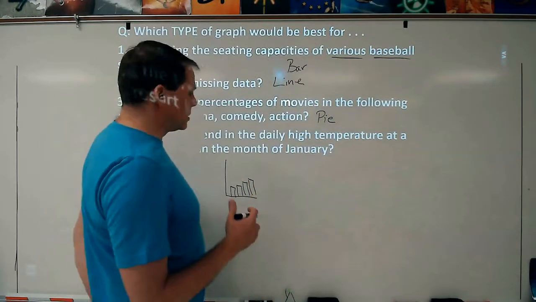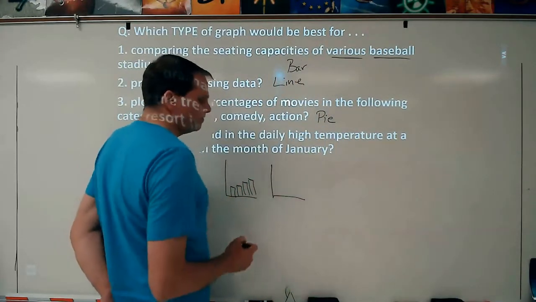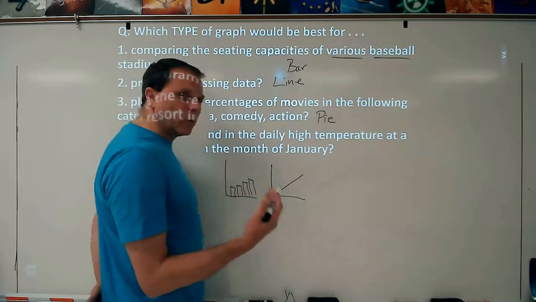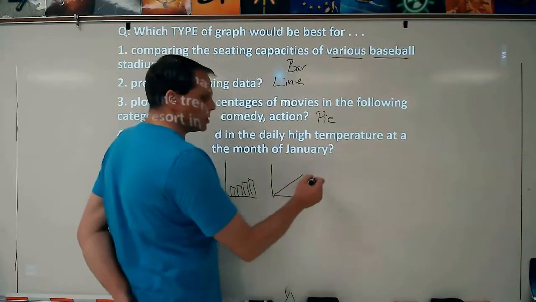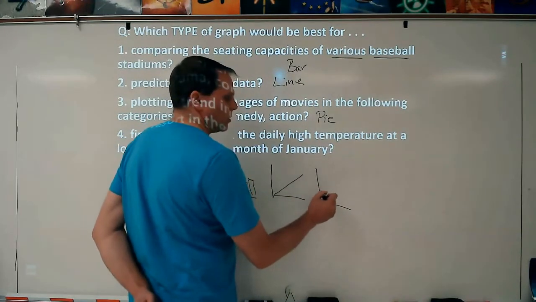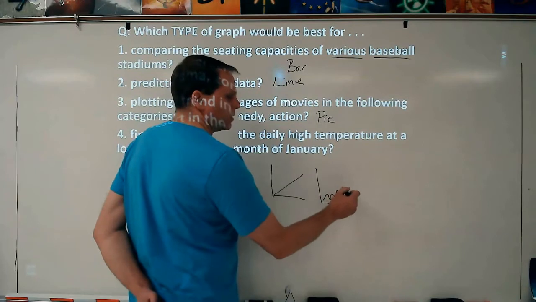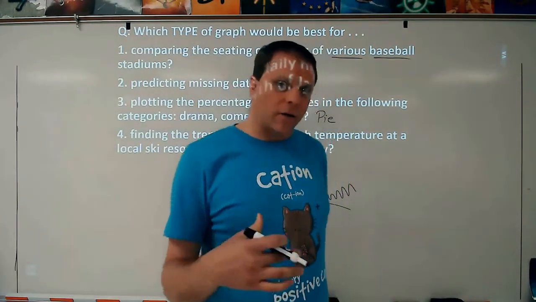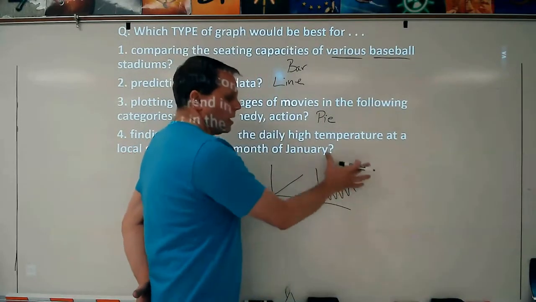The problem with using a line graph here is that you might be getting something like that when really, in actuality, the temperature is doing this every day, right? It's actually fluctuating up and down as it cools down at night, et cetera. And so the function is actually something different.